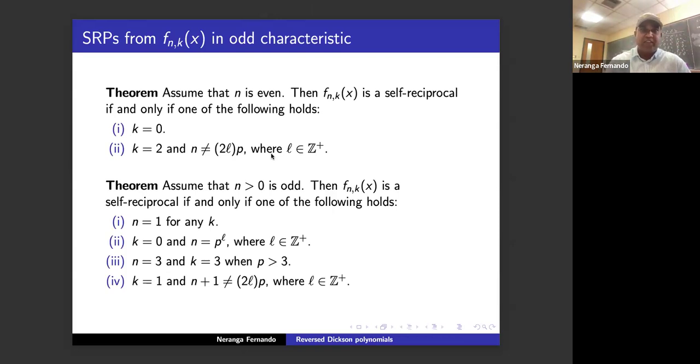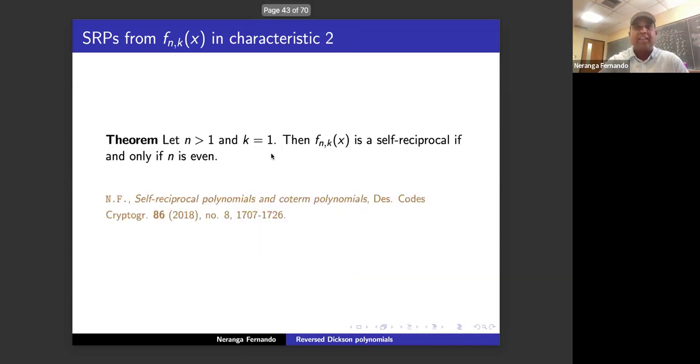Again, I considered two cases, n even and n odd, and I was able to give a full classification of self-reciprocal polynomials in odd characteristic. And the last one, the even characteristic. So the self-reciprocal polynomials arising from reverse Dickson polynomials are completely classified.